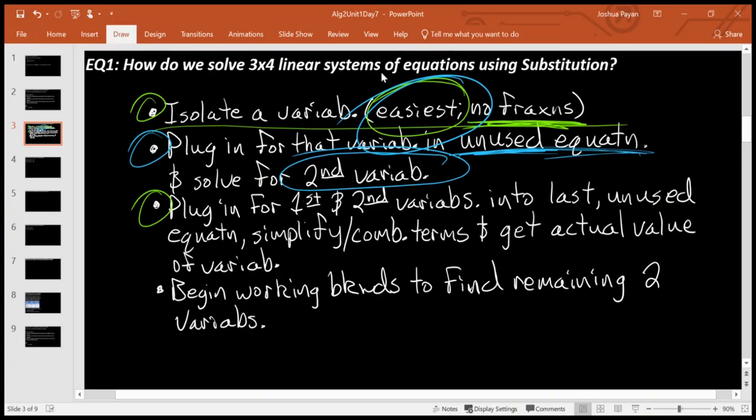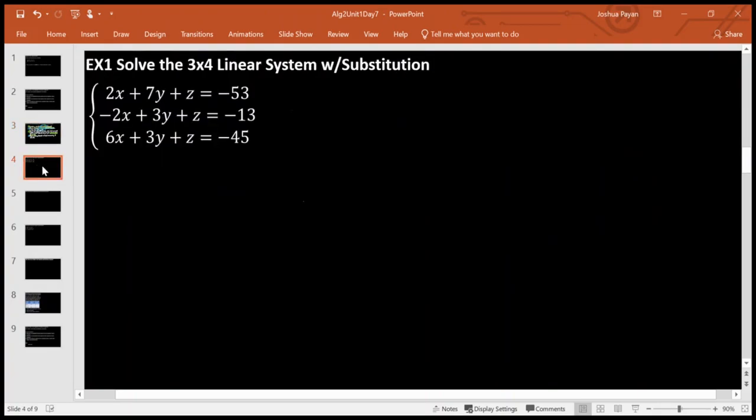You'll get an actual number for that variable, in which case you can do the last step, which is to begin working backwards to find the remaining two variables. So let's put these steps into practice on an actual example.